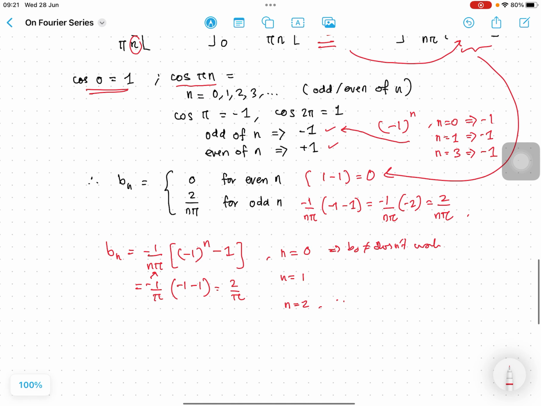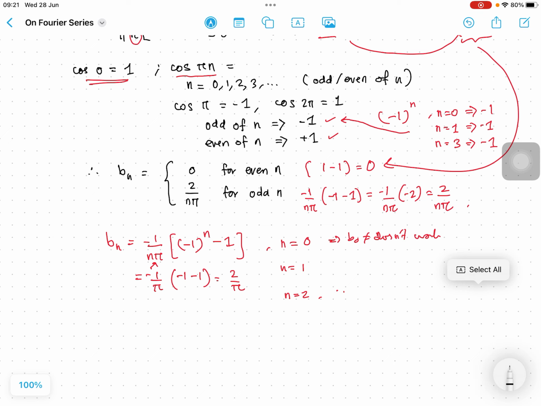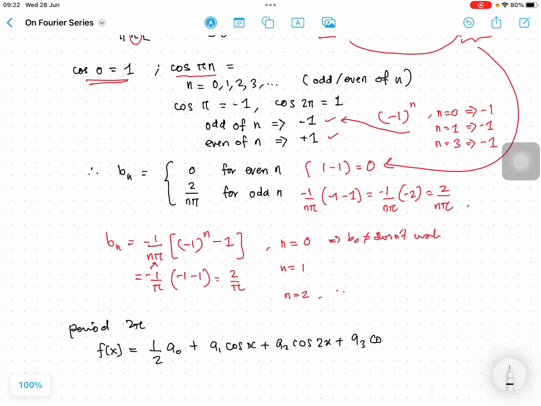So at the end, for the case of period 2 pi, your expansion of the function in terms of Fourier series is a0 plus a1 cos x plus a2 cos 2x plus a3 cos 3x plus and so on.